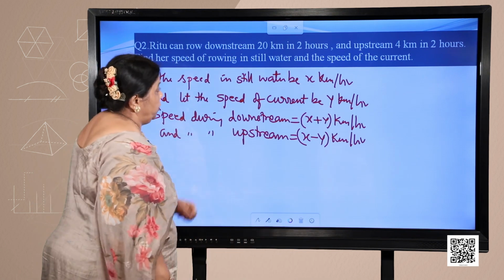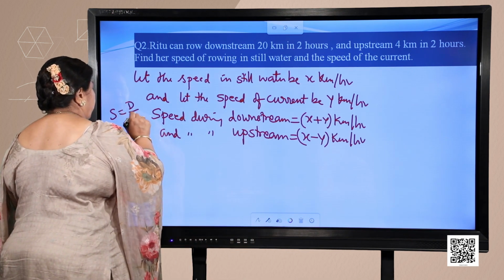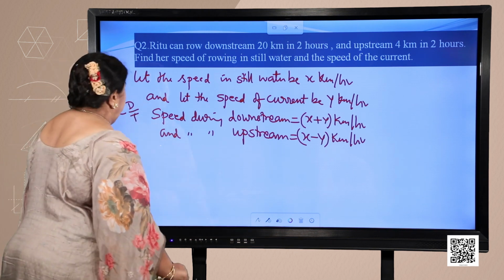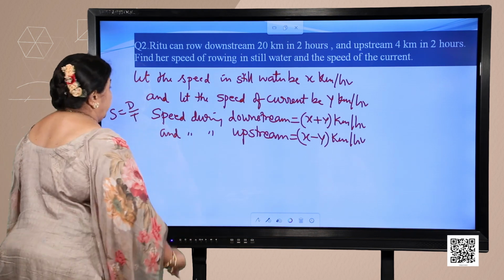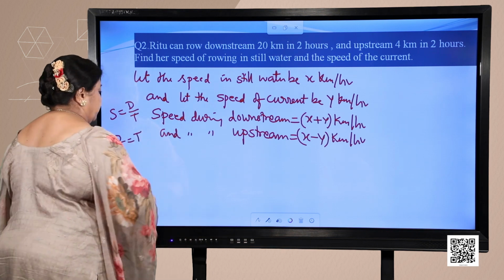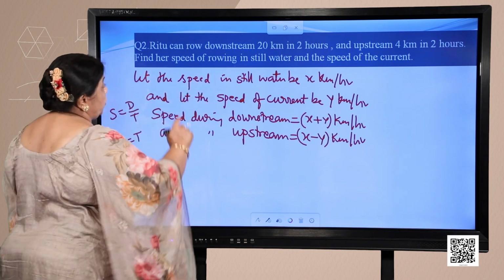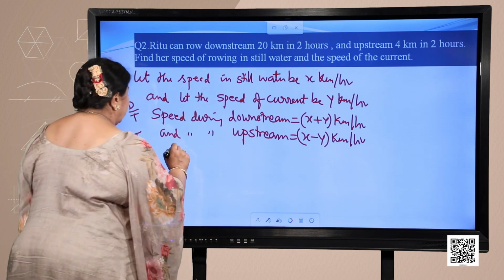Now, let us write down the equation. We also know that speed is equal to distance upon time. So, if I take distance upon speed, that will give me time. First expression here: it is 20 kilometers. How much is the distance?